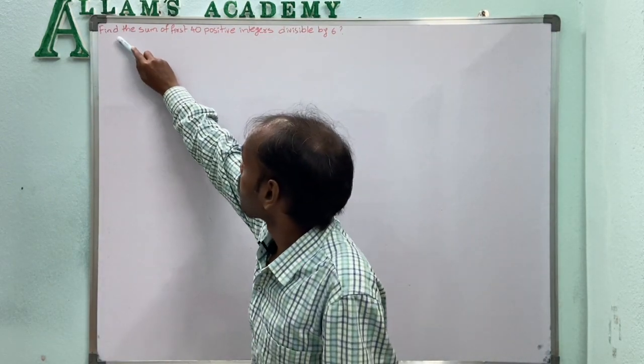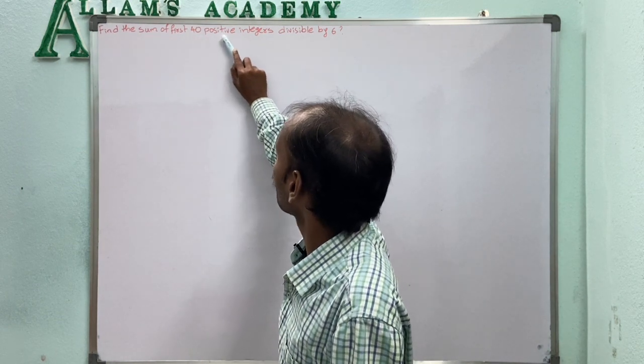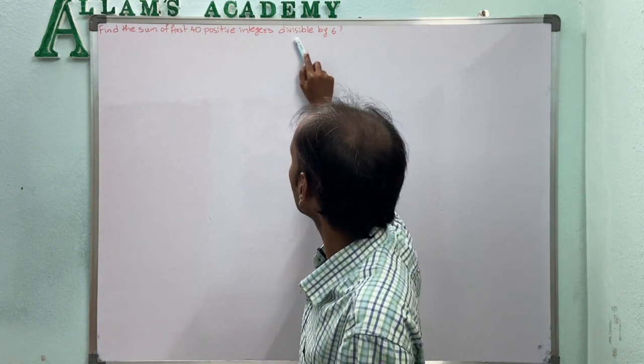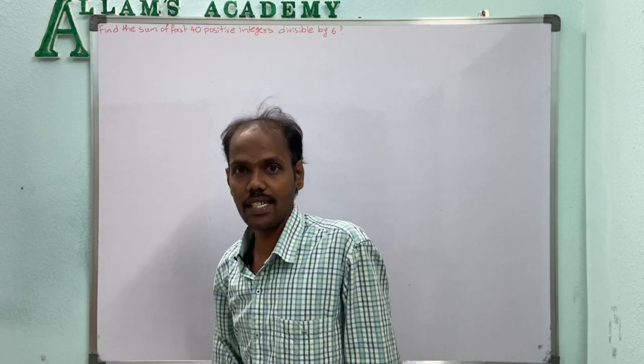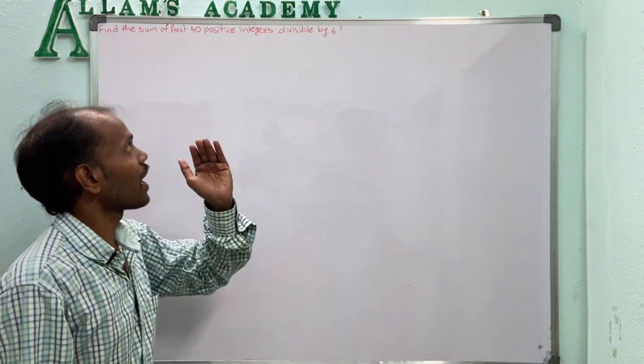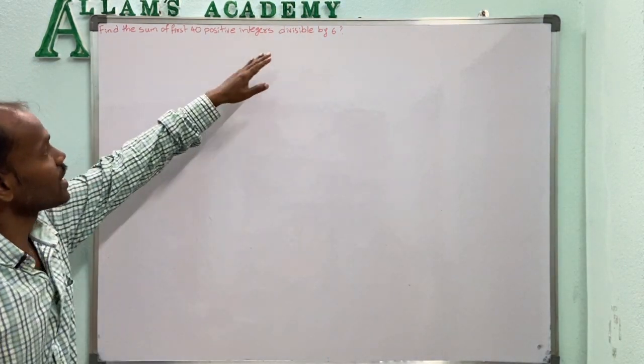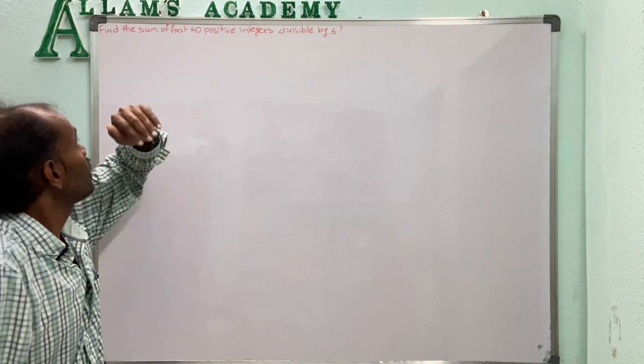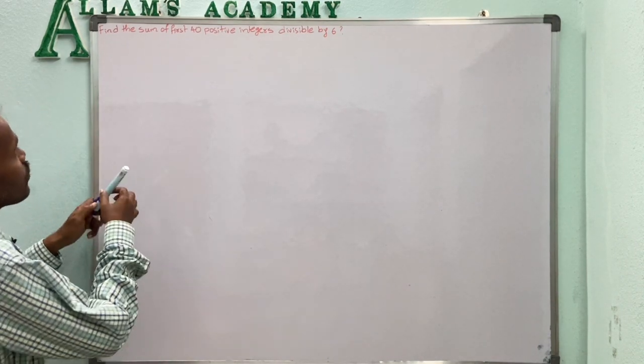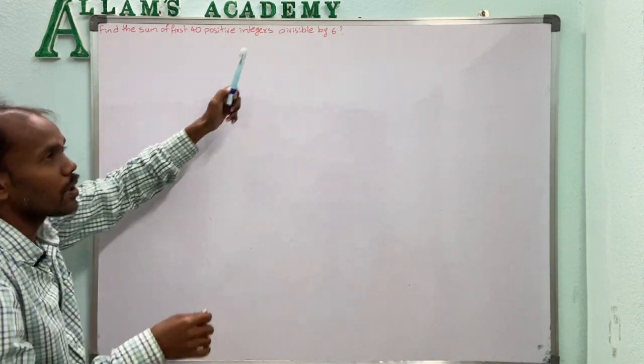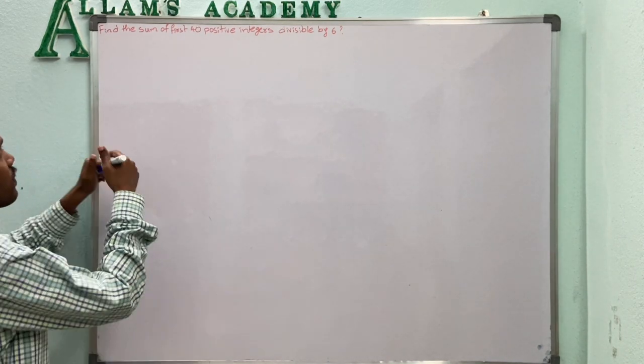The given problem: find the sum of the first 40 positive integers divisible by 6. So up to 40 positive integers divisible by 6, what is the sum?